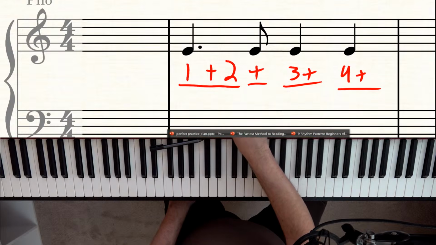Let me see if I have a question to ask you guys. I think I may. Let me check my notes here. See where we're at. Okay, I do have a question for you guys.